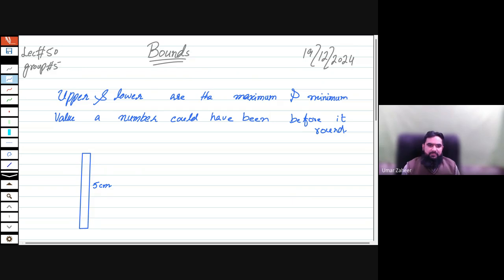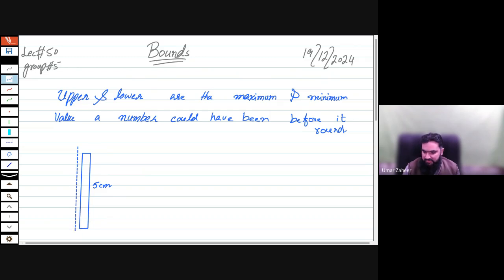If you measure it as 5 centimeters with a more precise scale, it may be 5.01 centimeters or 4.98 centimeters.